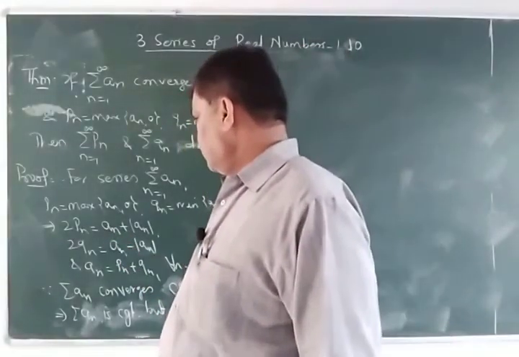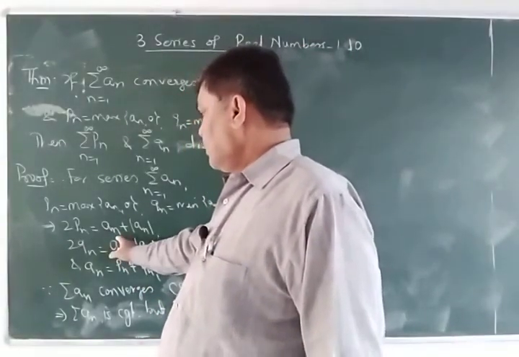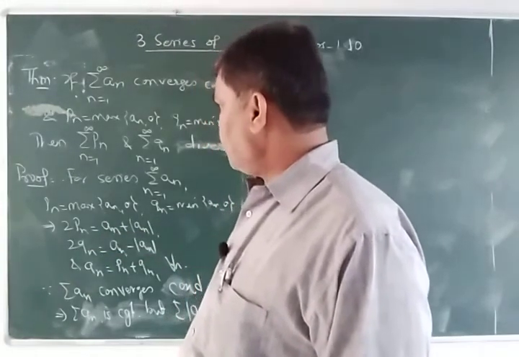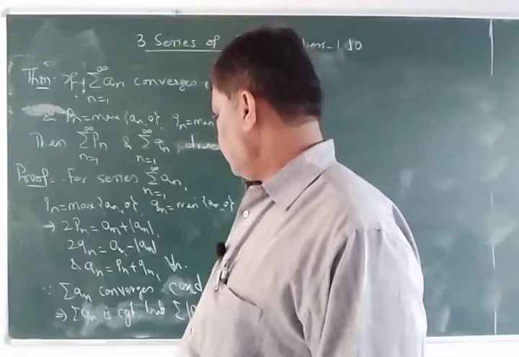Σn is divergent. Now, if Pn is divergent, summation of Pn is divergent.